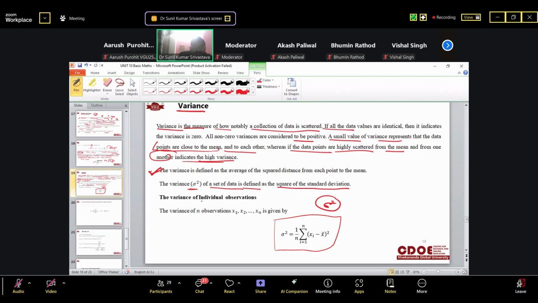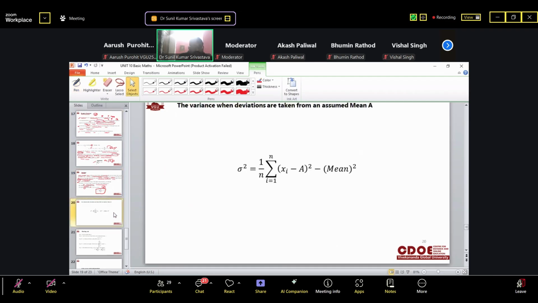So the variance of individual observations, suppose we have x1, x2, ..., xn, for n observations, is given by the formula 1 by n, summation of i equal to 1 to n, of (xi minus x bar) whole square. And for grouped data, suppose the variance and deviations are taken from an assumed mean.